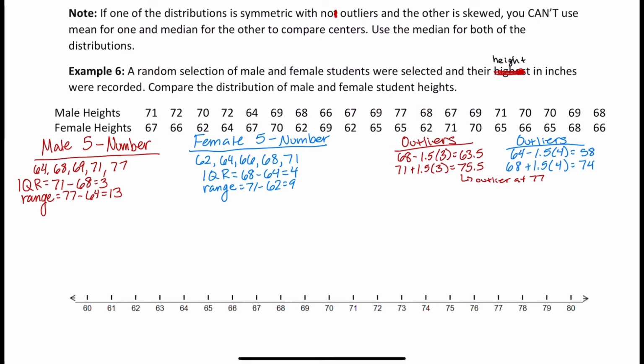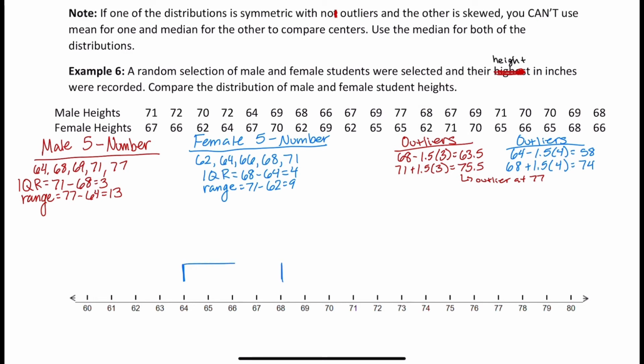We'll start with the female box plot first. So we want to start with the minimum. So remember our Q1 and Q3. Our Q1 is 64, and we're not going to do it too high up. And our Q3 was 68.